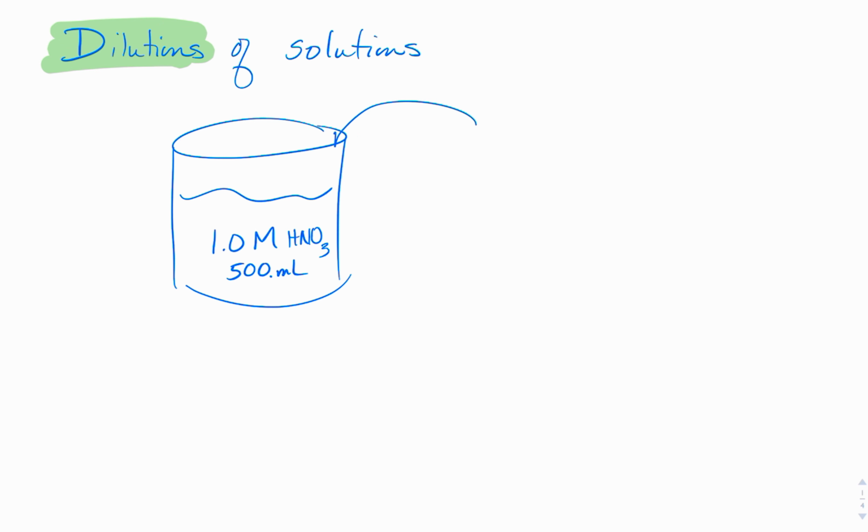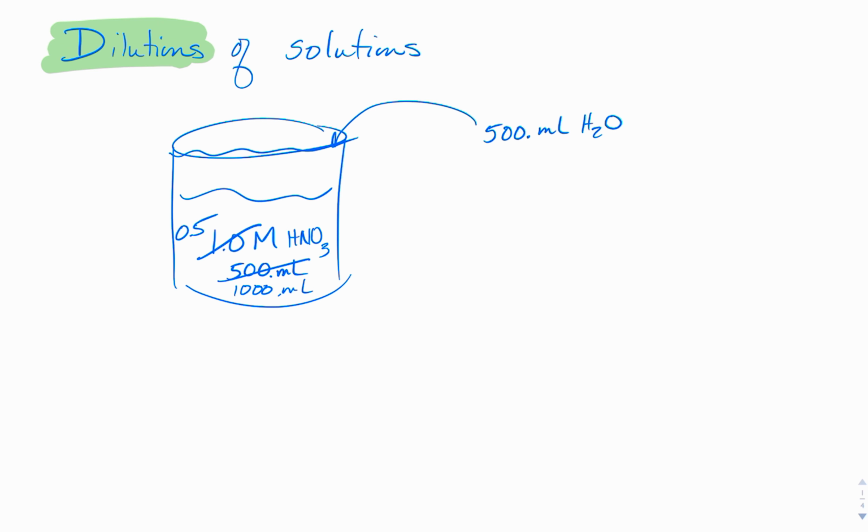Well, if you add 500 more milliliters of water, your volume increases by double, but that also decreases your concentration of the solute versus the solution as a whole. Since you're doubling the volume, you're going to cut in half the concentration. So there is a mathematical expression that can help you solve that kind of problem, where your new solution, instead of being 500 mils, is now 1,000 milliliters. You will cut that concentration in half to 0.5.